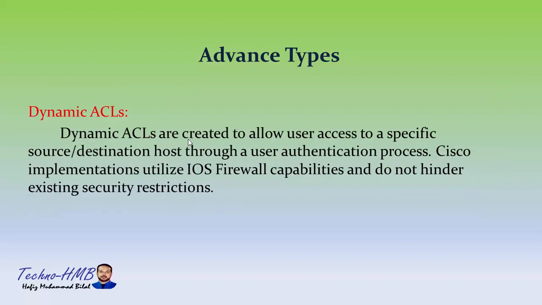Another type is the dynamic ACL. Dynamic ACLs are created to allow user access to a specific source or destination host through a user authentication process. Means the user should be authenticated over here. Cisco implementations utilize IOS firewall capabilities and do not hinder existing security restrictions.